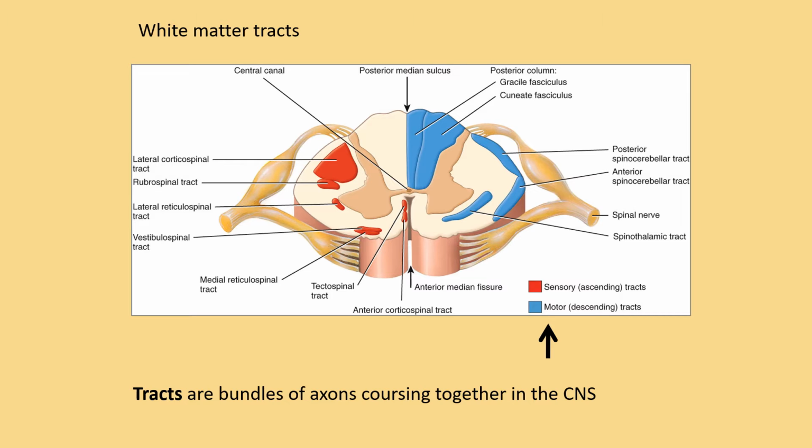And motor information will travel down. That motor information maybe started at some superior spinal cord level and it descends to a lower spinal cord segment where that outgoing motor information might exit the spinal cord through motor neurons.